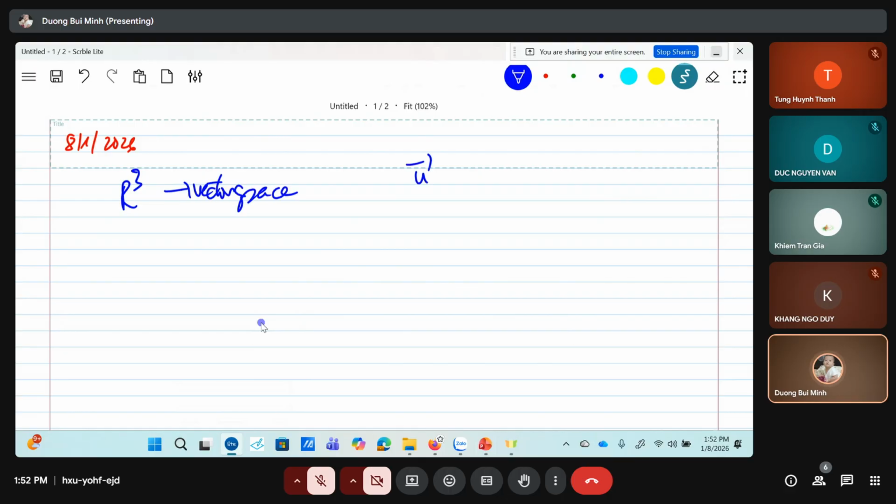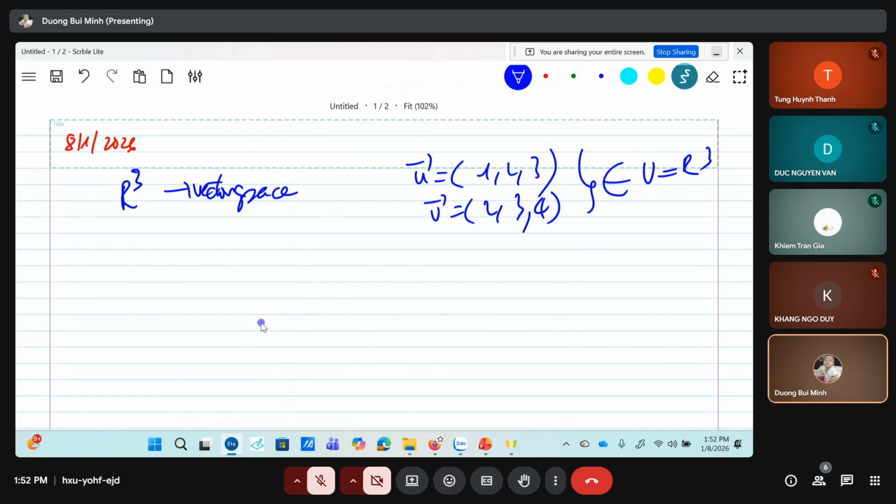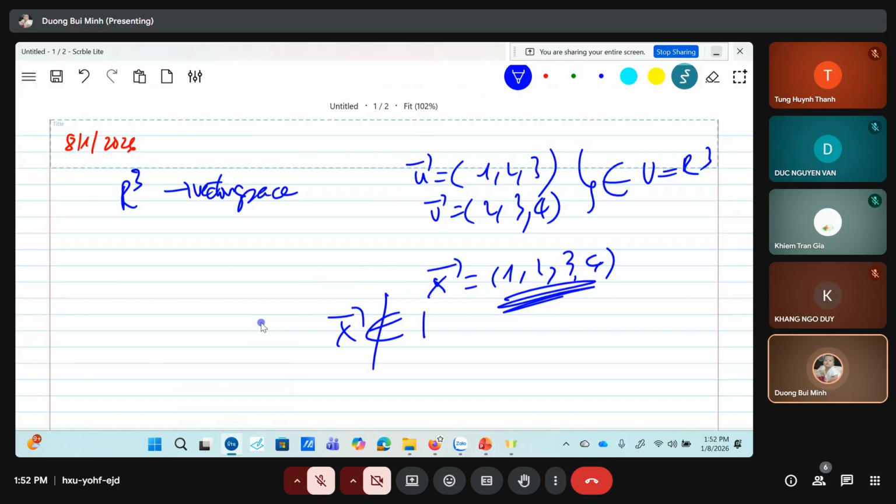So we have vector u as 1, 2, 3, and vector v maybe 2, 3, 4. They all belong to the vector space R3. So if I have vector x with 1, 2, 3, 4, how many elements? 4. So that means x does not belong to R3. Do you understand?